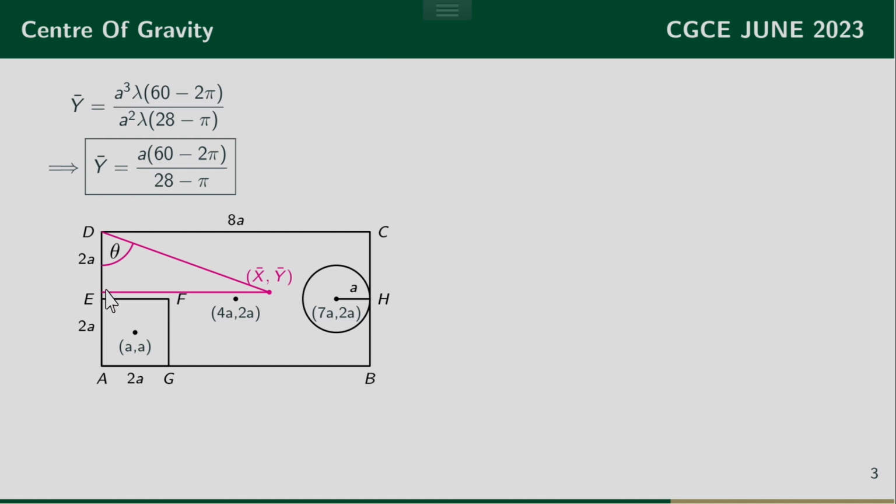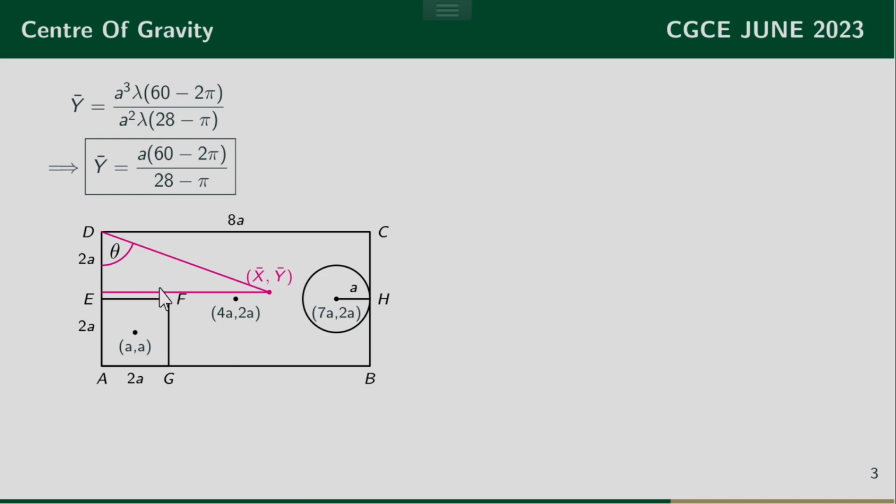And I complete a right angle triangle and I indicate the angle. Here we are looking for the angle that it makes with the vertical, and this is the required angle here. So to find the tangent of that angle, I need to find the ratio of the opposite length to the adjacent length. And the opposite length, of course, is this distance, which is x bar, and the adjacent length is not x bar, is not y bar, I mean to say, because y bar was measured from the side AB.